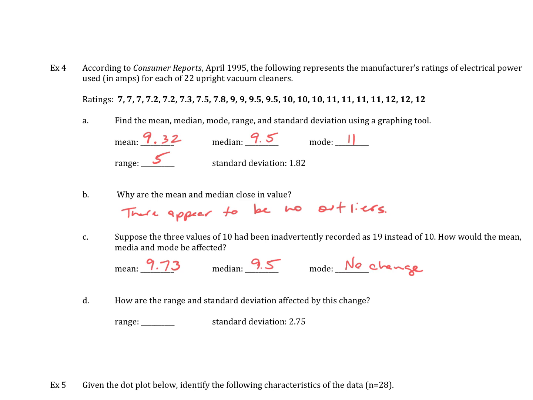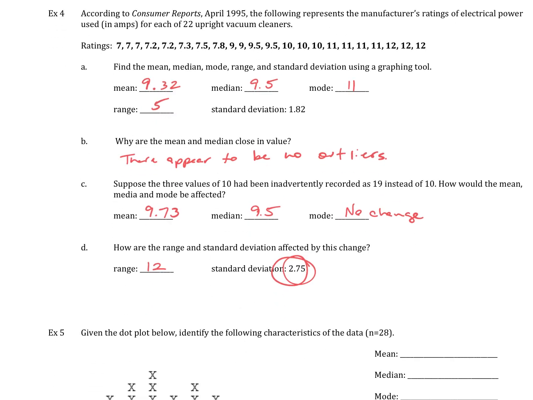Since now we're talking about a difference between 7 and 19, the range is also going to increase. So now the range is going to be 12. And you can also see that standard deviation increases as well because that 19 is significantly farther away from the mean than 12 was from the original mean.